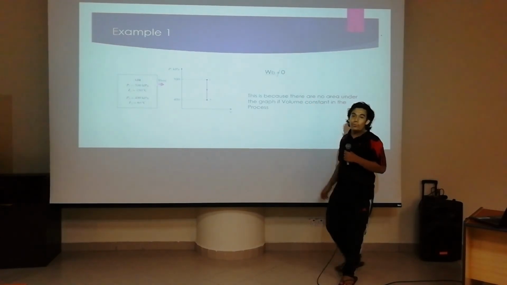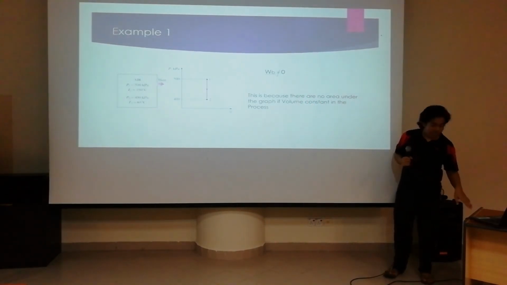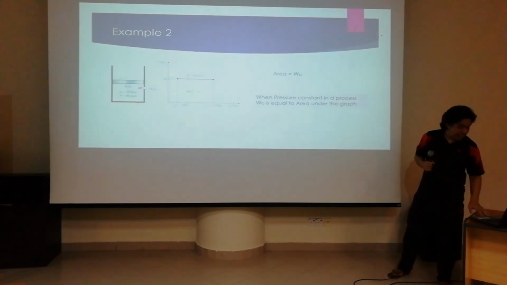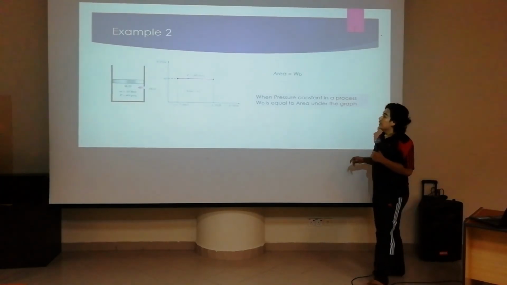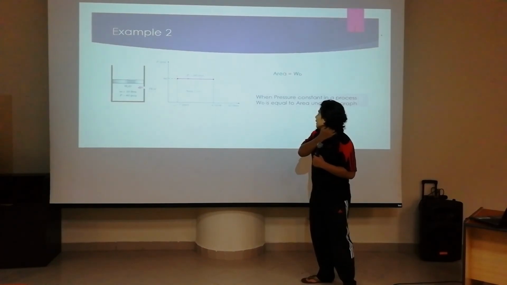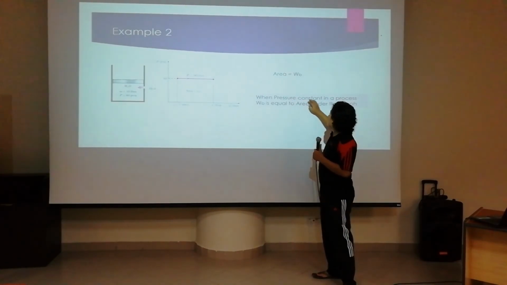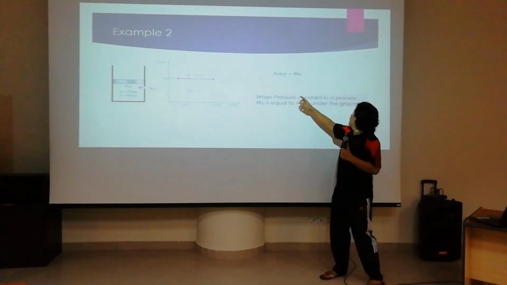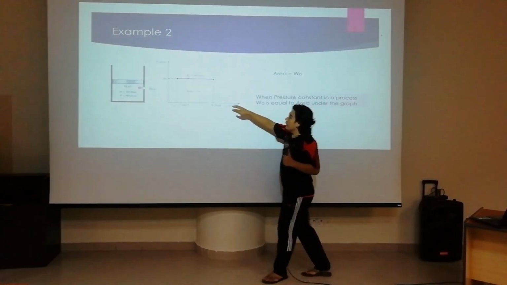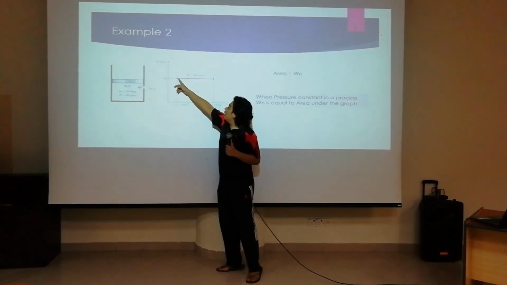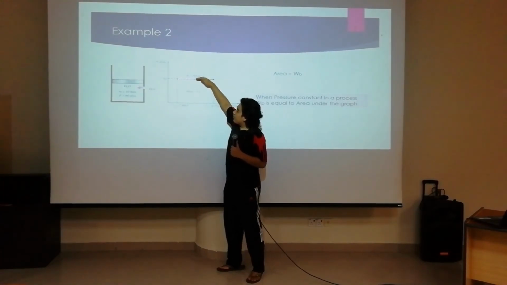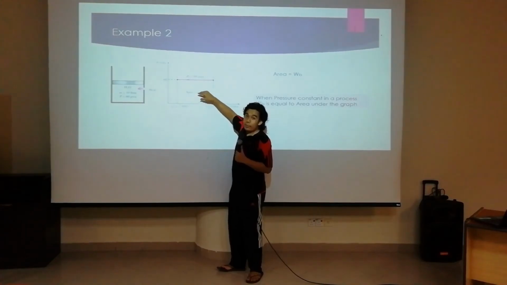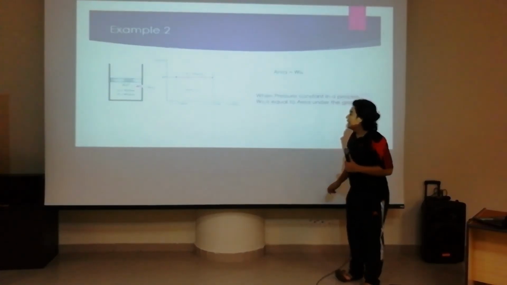There is no boundary work. Next, when the pressure is constant, this is an isobaric process. So when the pressure is constant, there will be area under the graph and there will be boundary work.